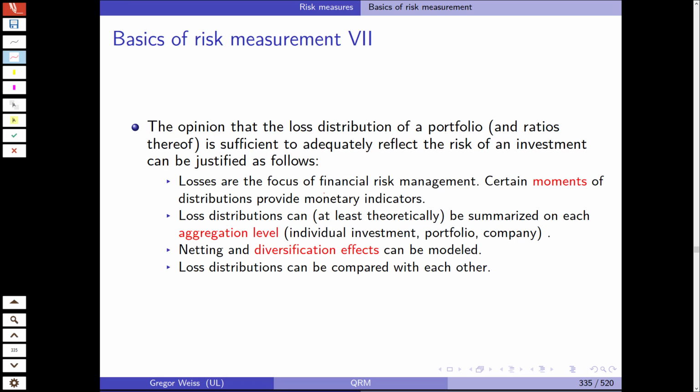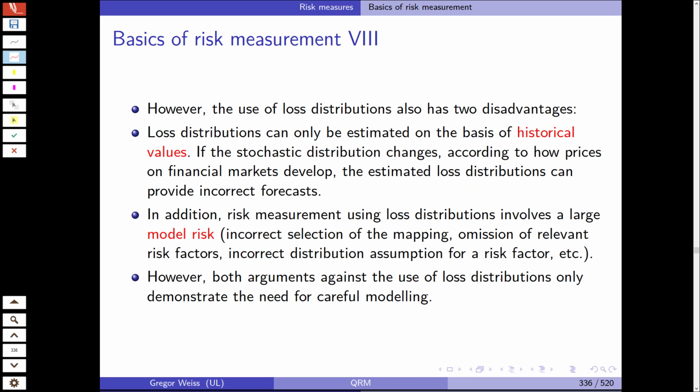The loss distributions can, at least theoretically, be summarized on any aggregation level. Individual investment, portfolio, even a company, or even a whole financial sector. Financial losses measured via statistical distributions take into effect netting and diversification effects, and you can compare those loss distributions with each other. So many advantages.